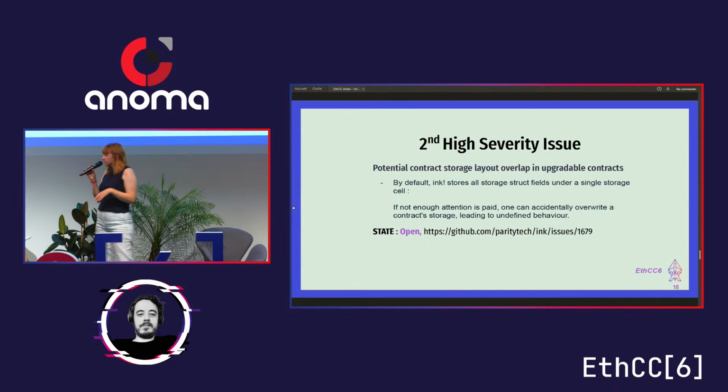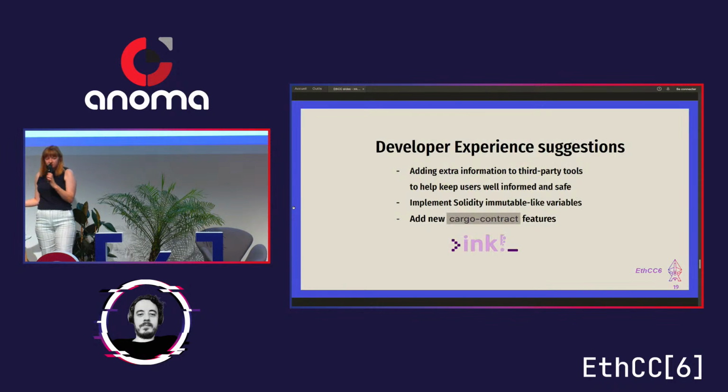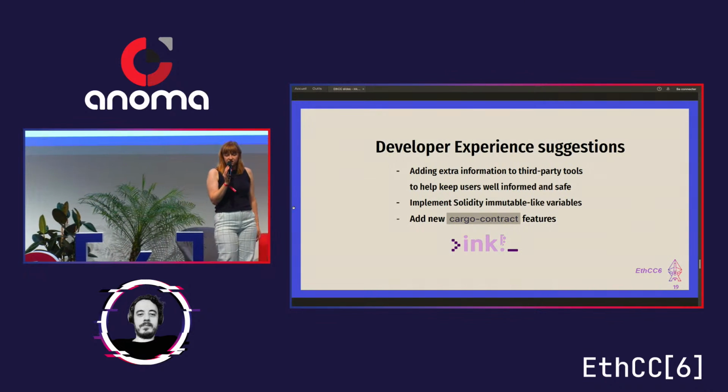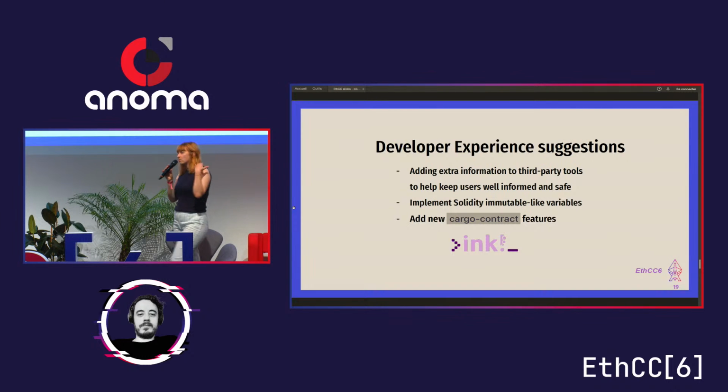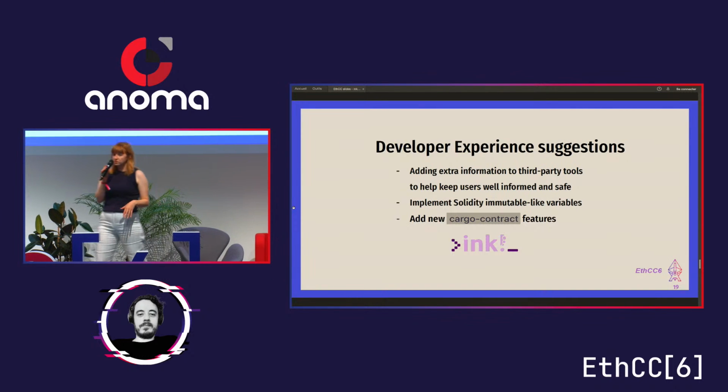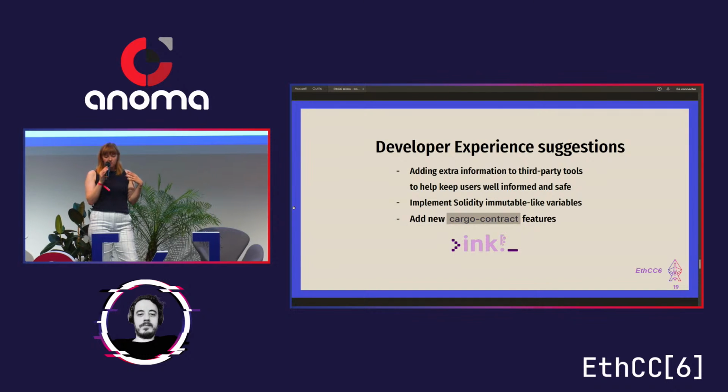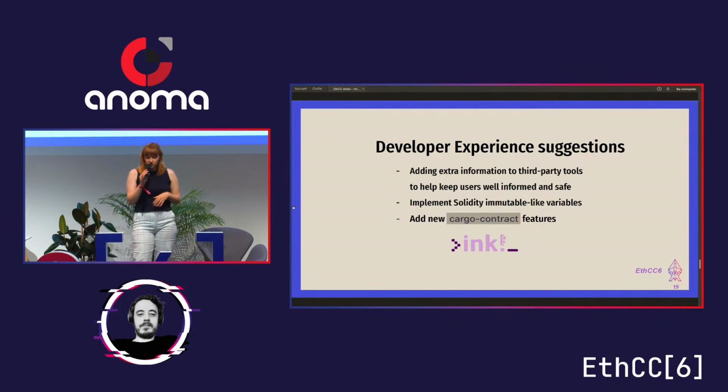At the moment, it's still open because the Ink team is still working on refactoring the whole storage composition of the language. As I've said, it was not just a safety audit, it was also about how to gain from all this Solidity experience and push a better developer experience.